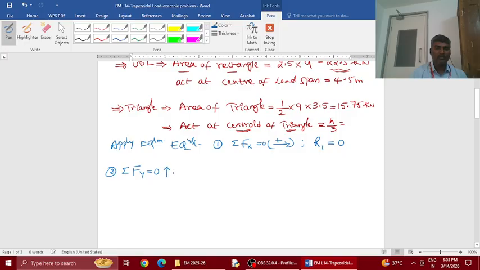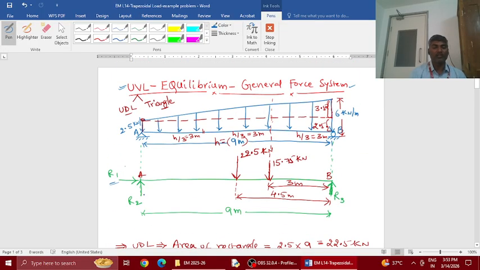Apply the second equation, sum of y forces is 0. Take any direction as positive. I take upward acting forces as positive. You see the member, R2 is acting upward, R3 upward, and these two are downwards, 22.5 and 15.75 downwards.